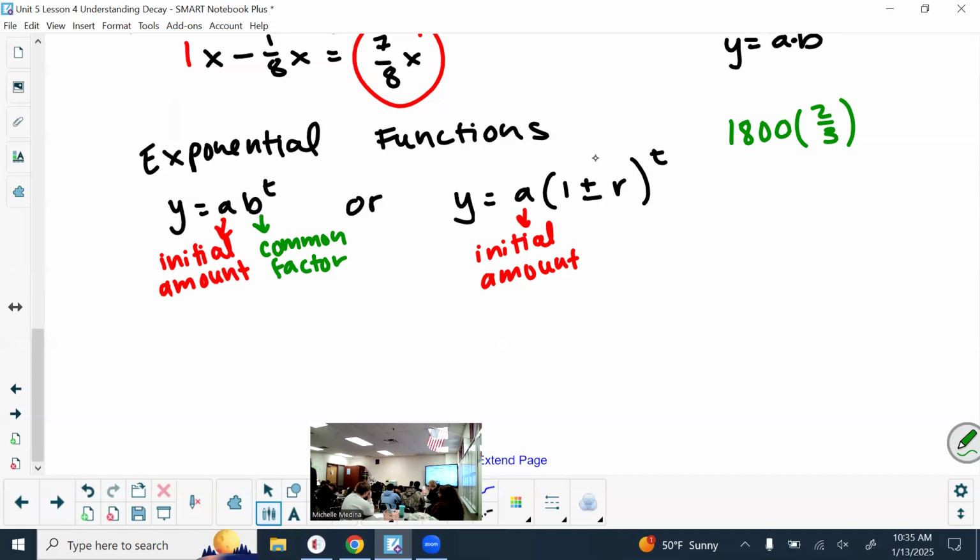In this one, we have B expanded to this. So this is still what we multiply by each time, except it's 1 plus or minus R, where R is the growth rate as a decimal. If it's decaying, then that would be negative.